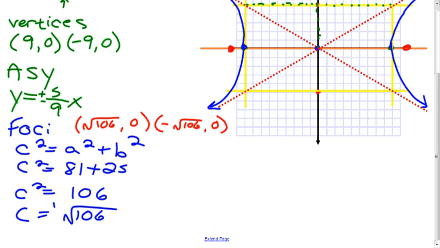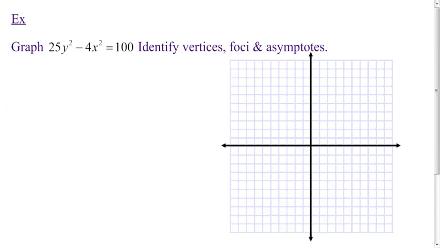Now, one more. If you remember, your hyperbola's equation is x squared over a squared minus y squared over b squared equals 1, or the x squared and y squared could switch. I'm telling you that this is a hyperbola, but one of the things you're going to have to notice is how to get used to seeing this. This is very similar again to ellipses.